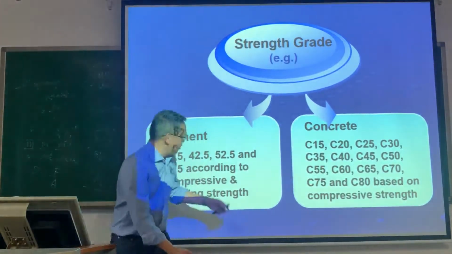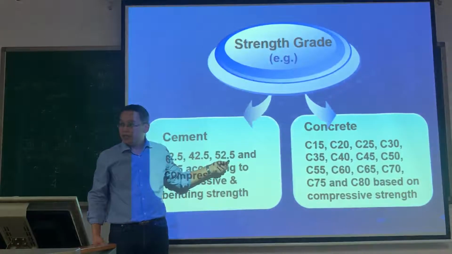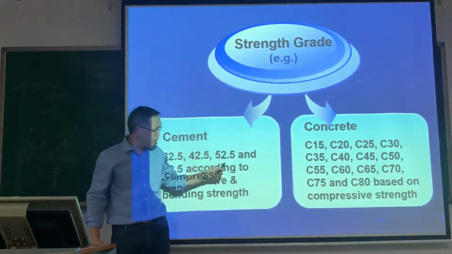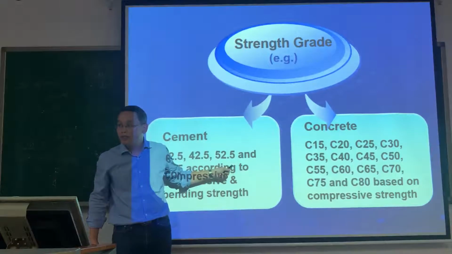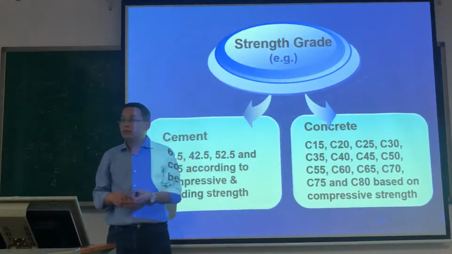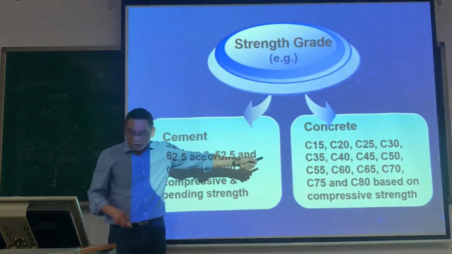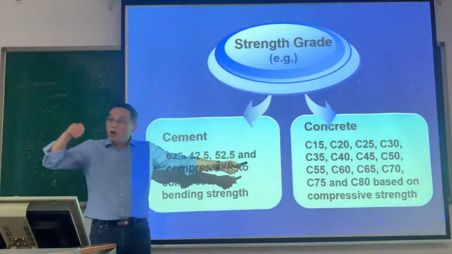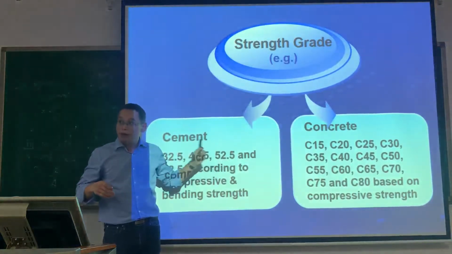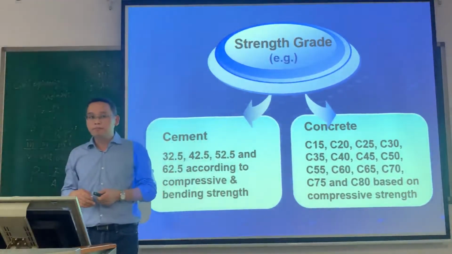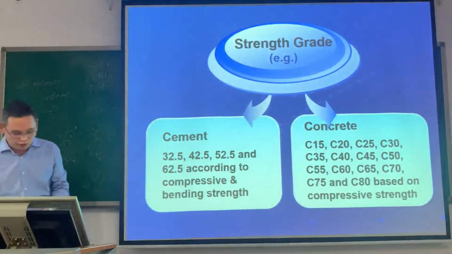If I use 52.5 strength grade cement for the concrete, the strength of the concrete will be lower than 52.5. Why? Okay, I'll explain it to you.